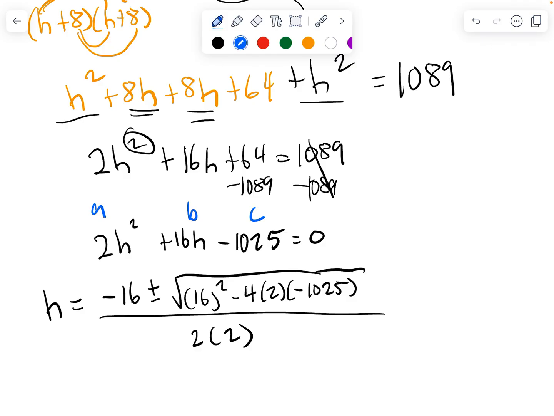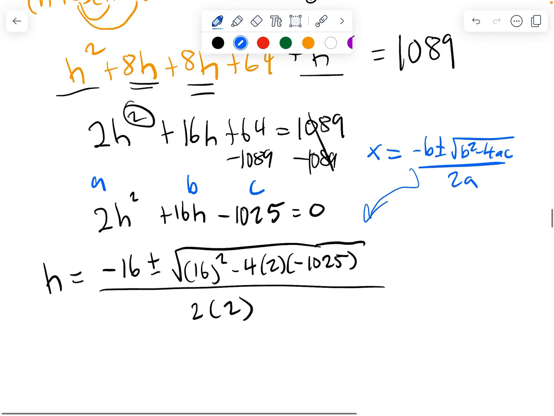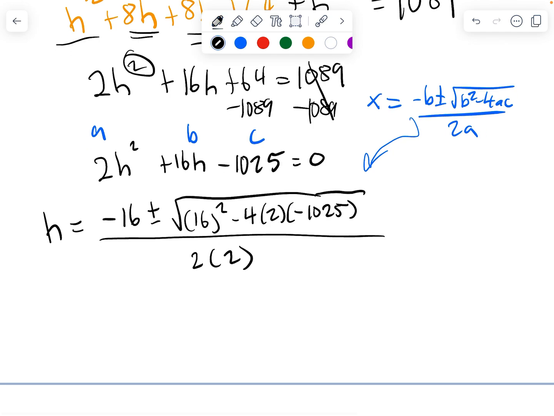In case you wanted that written out normally, that's x equals negative b plus or minus square root b squared minus 4ac all over 2a. There we go. And so that's what we just used, and we're solving for h and not x, which is why it's h equals. And that's literally it. Now we just need to simplify this down.